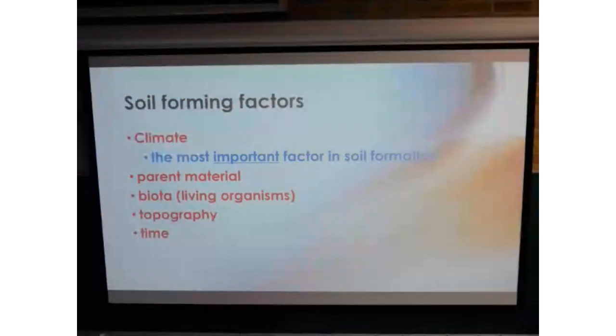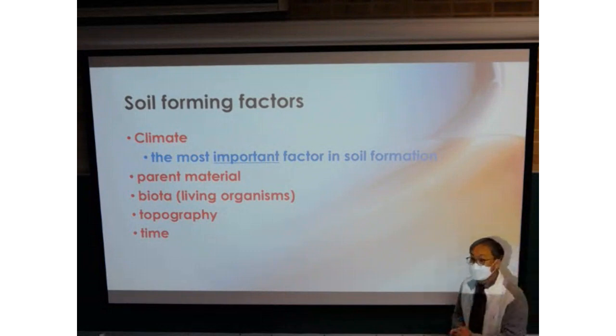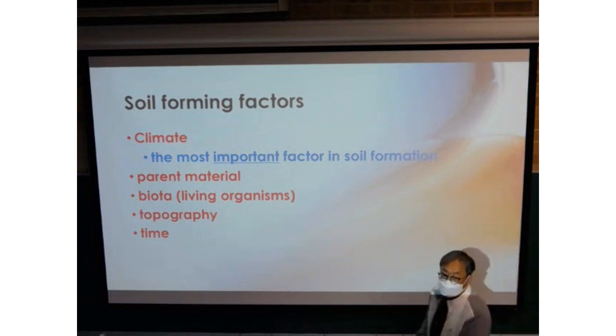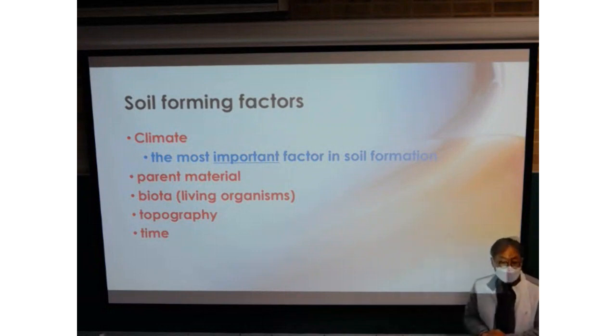Rock. And then the climate is able to deliver what? So they are able to form that. And the broken pieces, what is the main source? They come from what? Parent material.